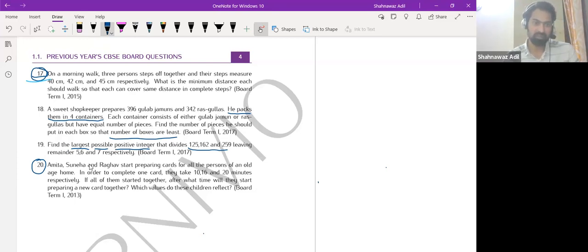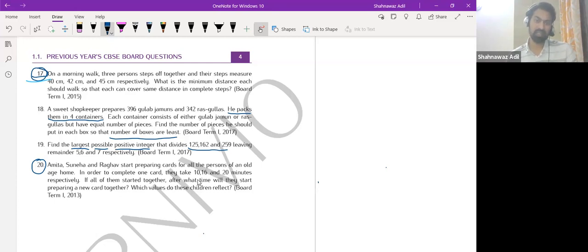Amita, Suneha, and Raghav start preparing cards for all the persons of an old age. In order to complete one card, they take 10, 16, and 20 minutes respectively. So if all of them start together, after what time will they start preparing a new card together, right?